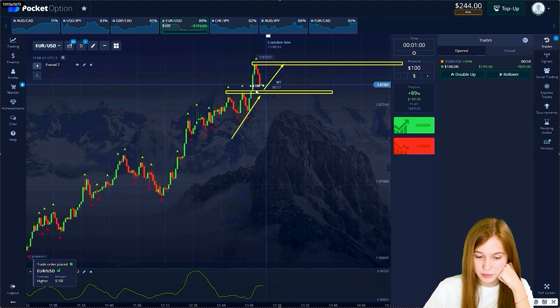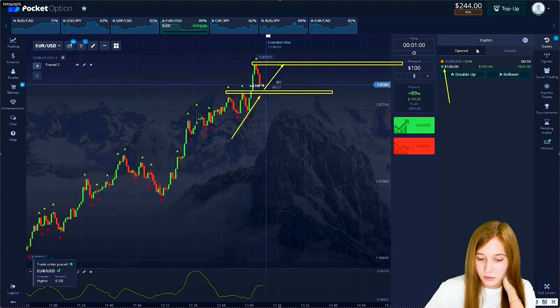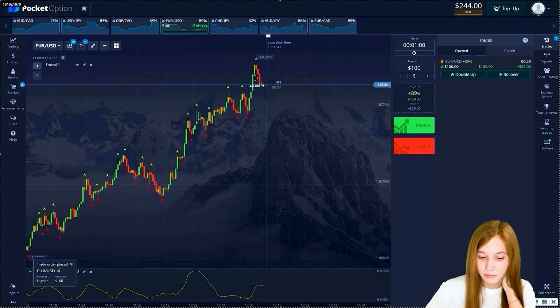At this point, I think it will be a reversal in the opposite direction by fractal. It was formed relatively long ago. It's not worth looking at it in this case after this drawdown happens.